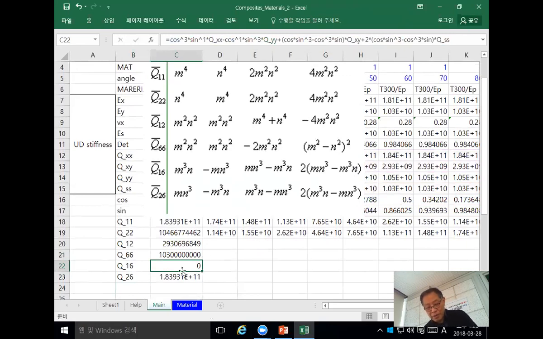See, same value. Now here, Q16, and we just change it. This is the 1, and this is the 3. And minus, this is the 3, and this is the 1.